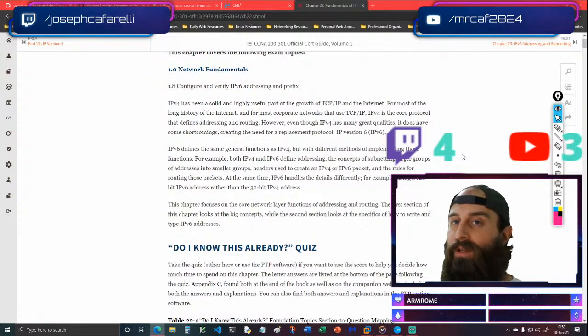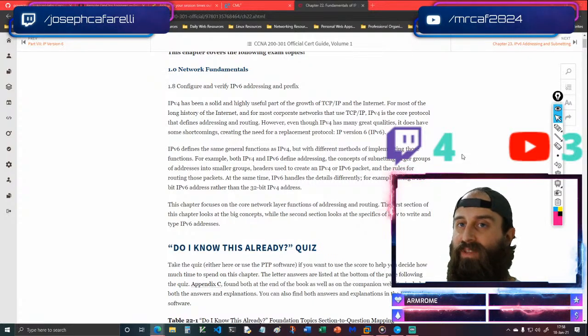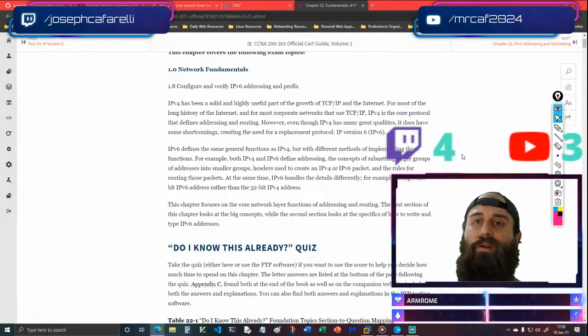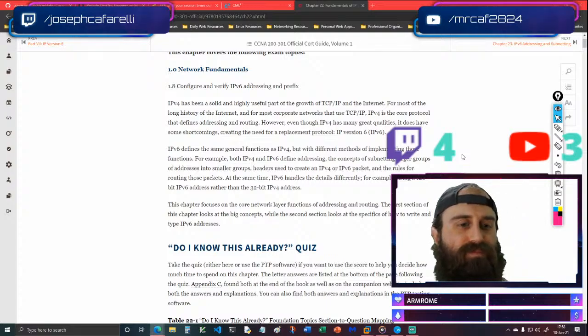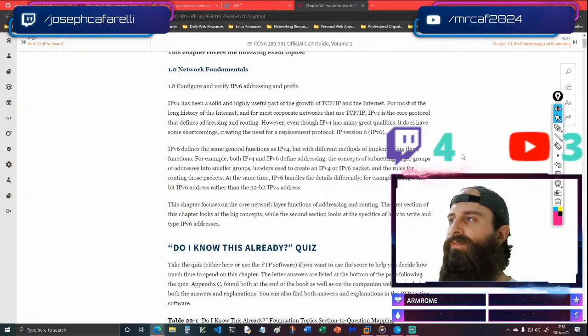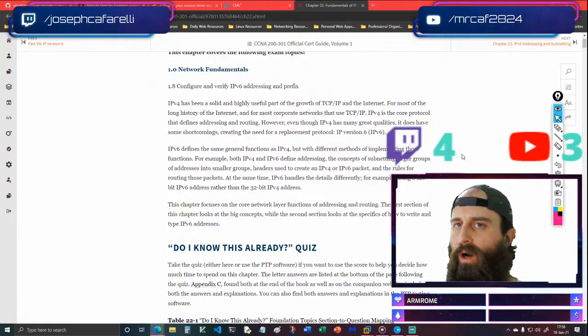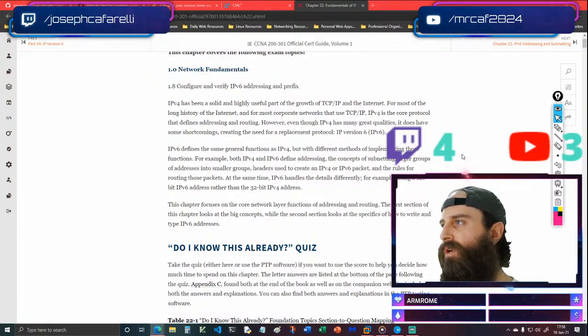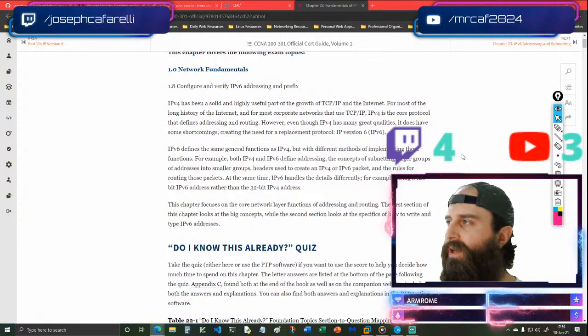IPv4, with just those 32 bits, was already huge. Now with 128 bits, like we're going to be working with in IPv6, it's in the realm of magnitudes times what IPv4 was. Just like I said, rather than the 32 bits of IPv4.